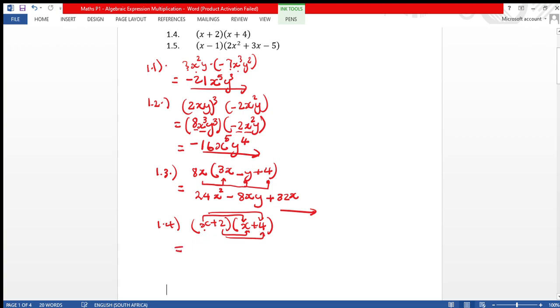So x times x is going to give us x squared. x times 4 is going to give us 4x. 2 times x is going to give us 2x. 2 times 4 is going to give us 8. So here the answer would be x squared. You can see 4x is like 2x, so adding them is going to give us 6x, then plus 8. This is the answer.